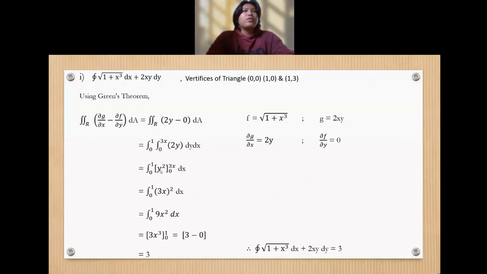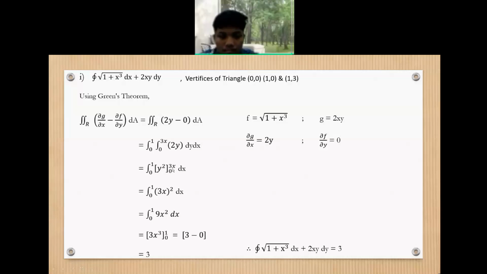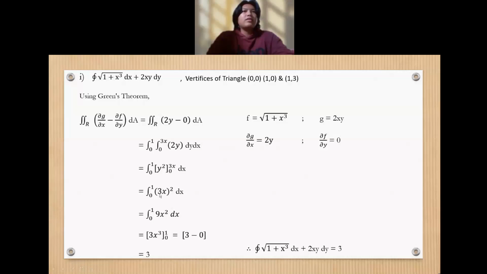So we will integrate 2y and we will get y squared with the limit 0 to 3x dx, and we will solve for the dx. We got 3x cubed, and after that we will get 9x squared dx, and we will solve again for the dx, and lastly we will get 3x cubed with the limit 0 to 1. So we solve that and we got 3 as the final answer.